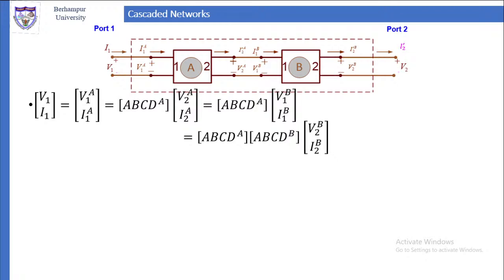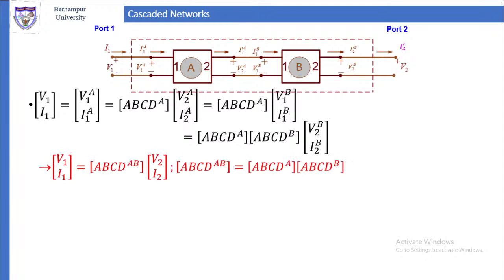Now V1B I1B is equal to ABCD parameter of network B into V2B I2B. Therefore V1 I1 is equal to ABCD of A into ABCD of B, so these two matrices are multiplied, into V2B I2B.